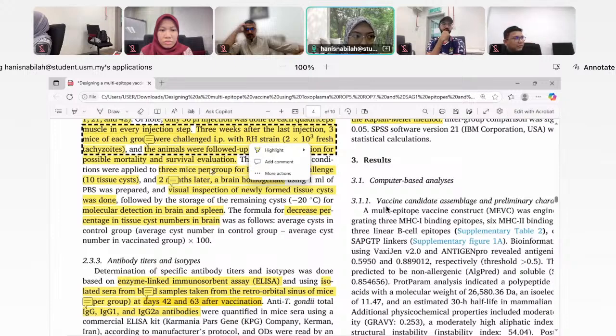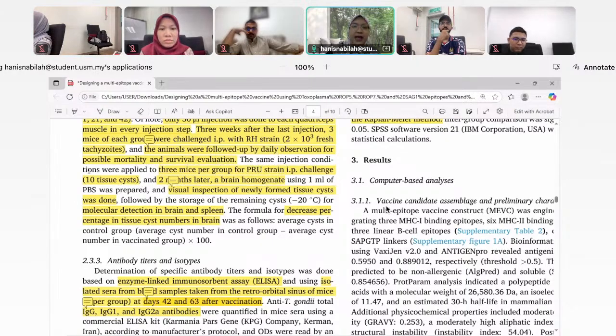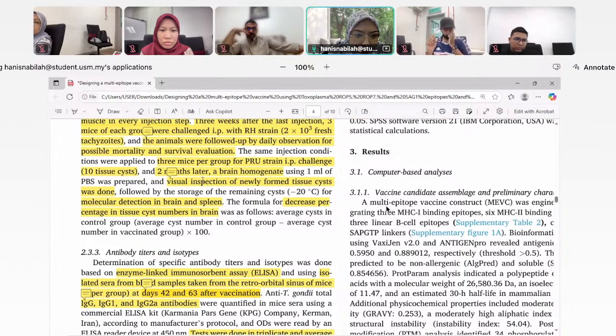This parasite is more present in the brain and spleen. Then they have two other groups for the challenge.